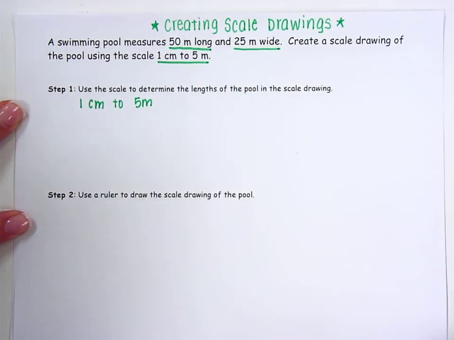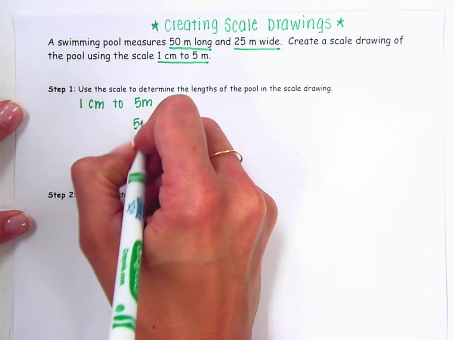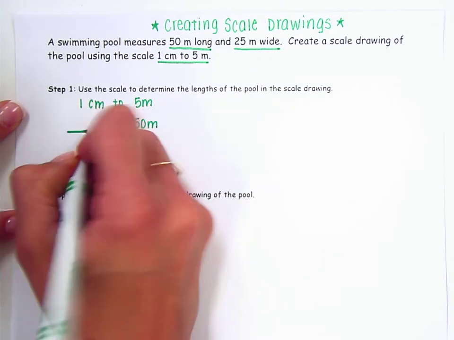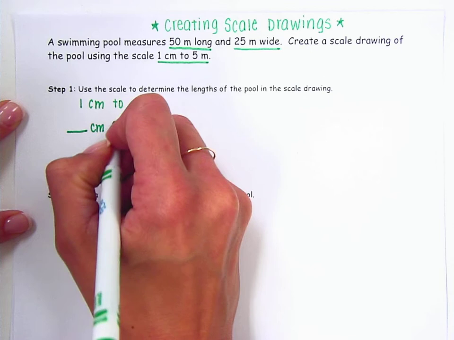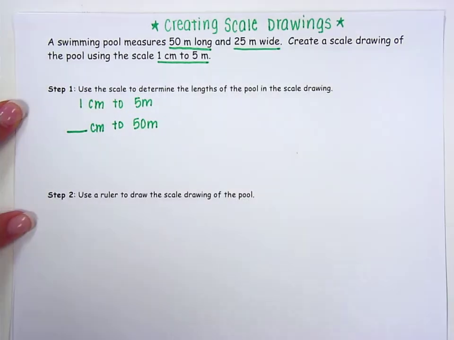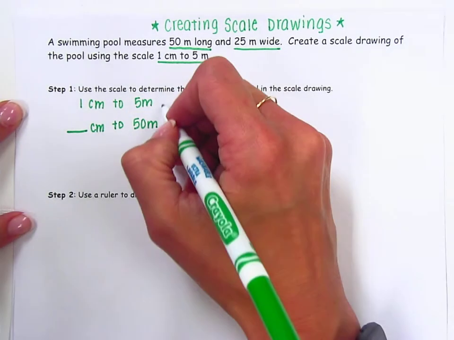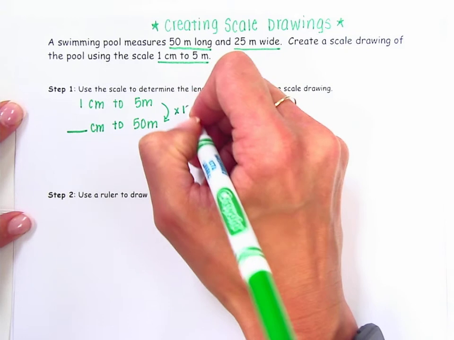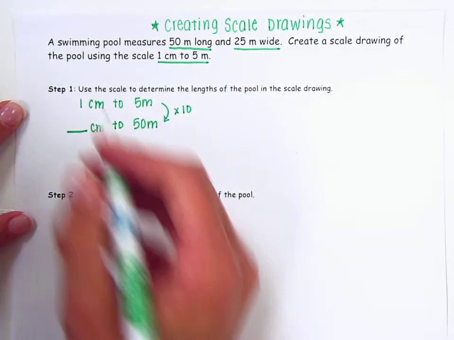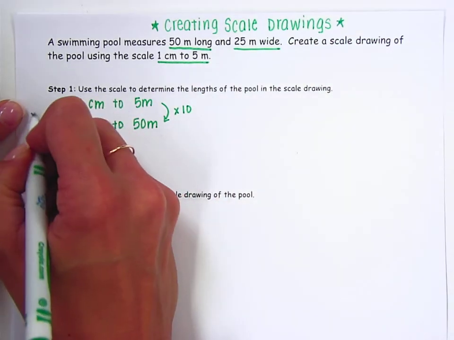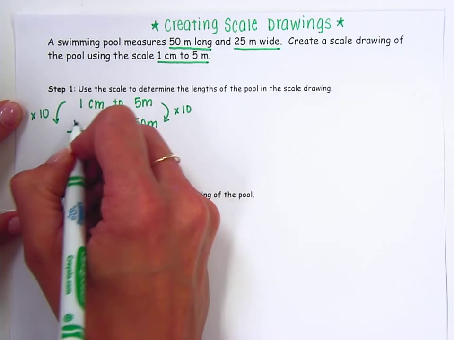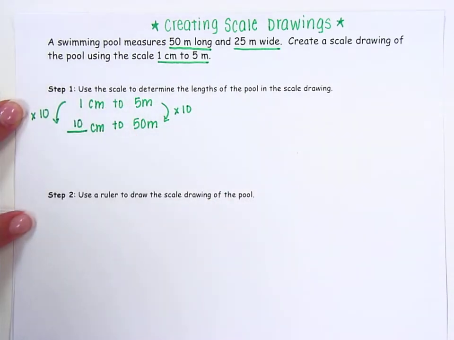And now I know I want to get to 50 meters long and figure out how many centimeters is going to represent that. So I know that 5 times 10 gets me 50. So I also must multiply my centimeters by 10 to find that 10 centimeters represents 50 meters.